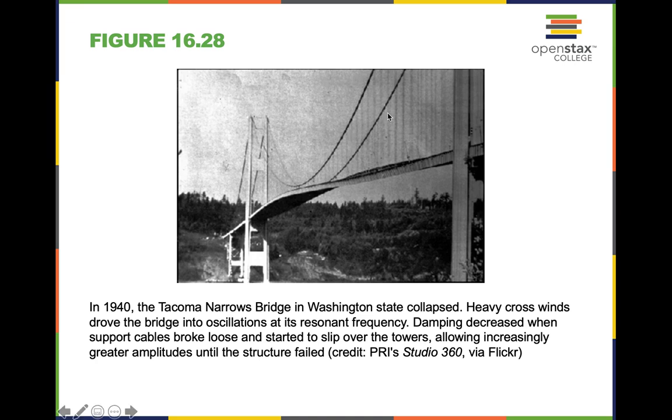So here, you can see these are waves here, if you want to look at it that way. But with these winds crossing back and forth, they were moving the bridge this way, right? So at some point, the force became too strong for these support cables, and that's when they started to break. So once one went, it would strain the rest of the support cables until the bridge actually collapsed.